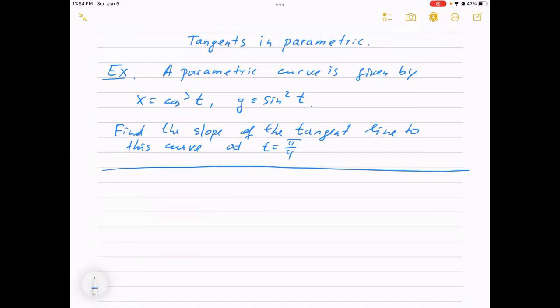Recall that the slope of a tangent is equal to the derivative at a given point, so we need to find the derivative. First, we need to find dy/dx.